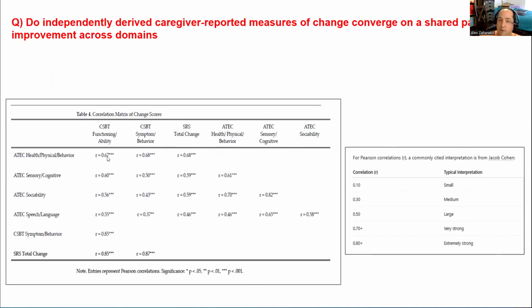We have several of them that approach 0.7, some that are exactly 0.7, and some slightly more: 0.82, 0.85, 0.85, 0.87. Very few of them are below 0.5. I think we have a 0.43 here and a 0.37 here, and a 0.46 and a 0.46.